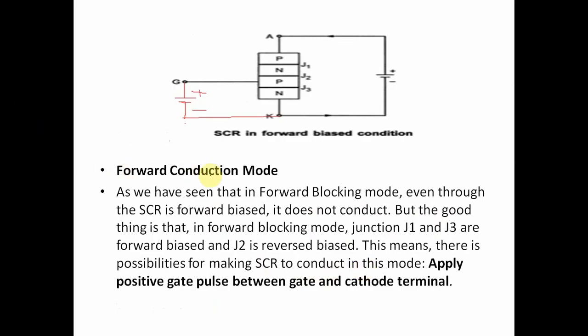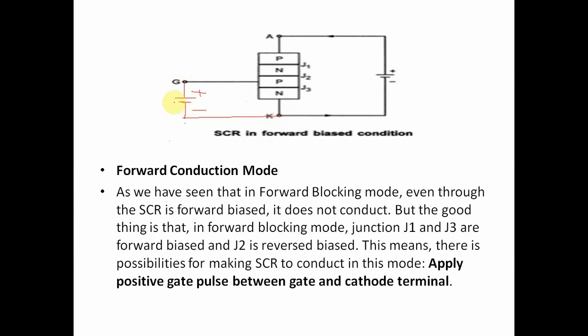Now, the forward conduction mode. We already studied that due to this type of connection, J1 and J3 are forward biased, but J2 is reverse biased. So it is necessary to convert the J2 junction to forward bias as well. For that purpose, we connect the positive terminal of a battery to the gate and the negative terminal to the cathode.